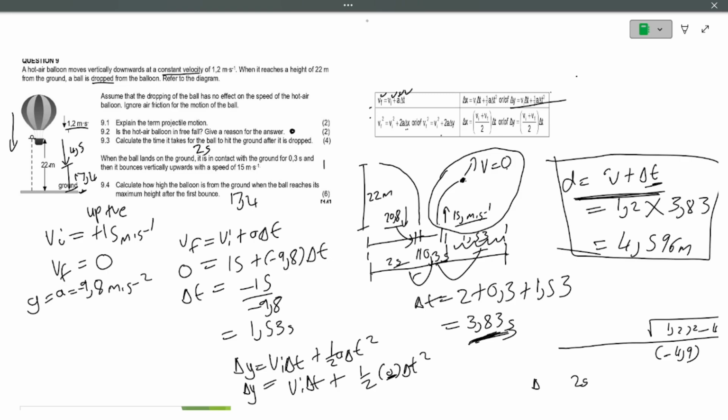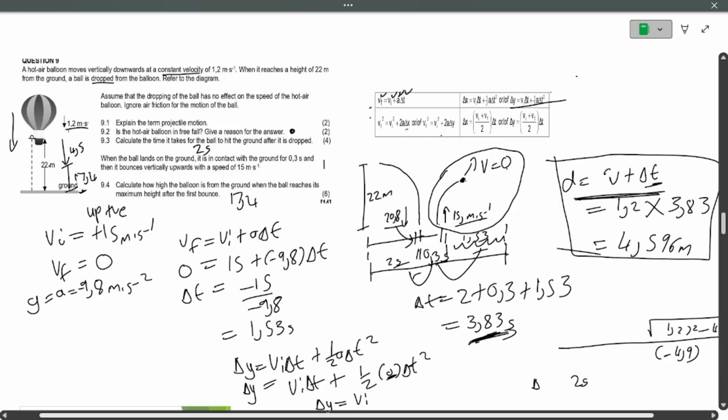So change in y equals v initial times change in time, which is similar to this, because d is the same as change in y, velocity is the same as velocity, and change in time is the same as change in time. You just substitute this and get the same answer. So this is how we do this problem.